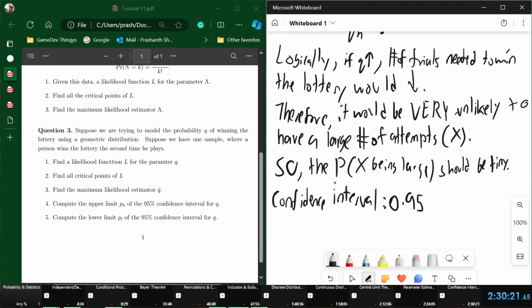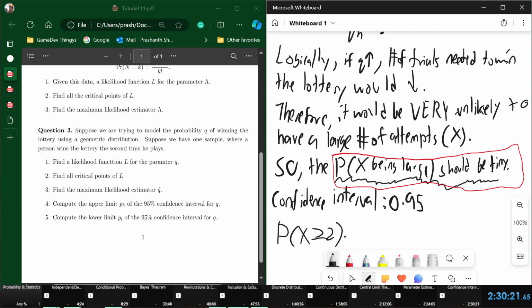So the probability of X being large should be tiny. I think that's the most important statement here. Because of that, I think I got it, but I'm really not sure.